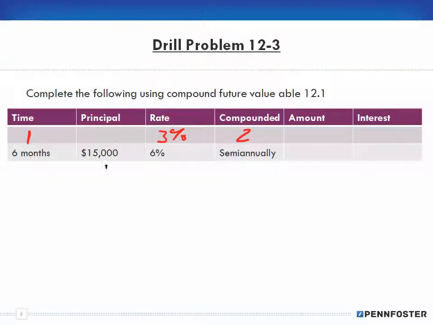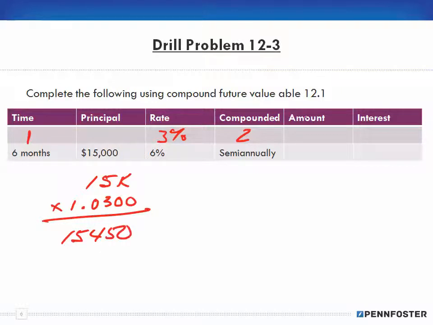So I take my 15,000 and multiply it by 1.0300, and that gives me 15,450 as my total amount.